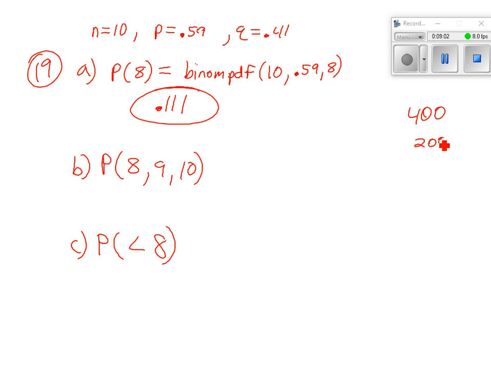Same idea on this one. Instead of doing B next, it might be easier to do C next and, instead of binomial PDF, use binomCDF. We put in 10, 0.59, and we want everything less than 8, so we start with 7.